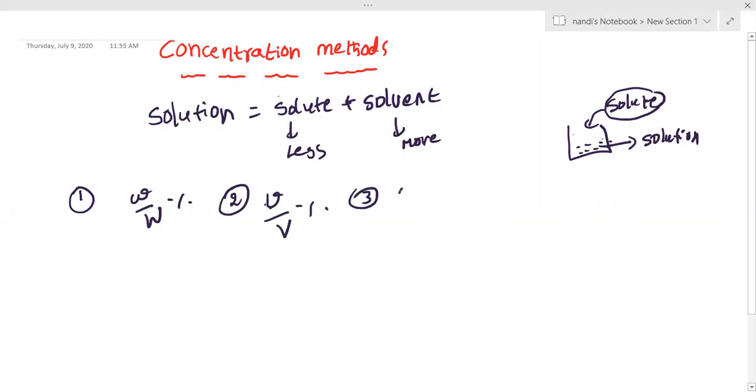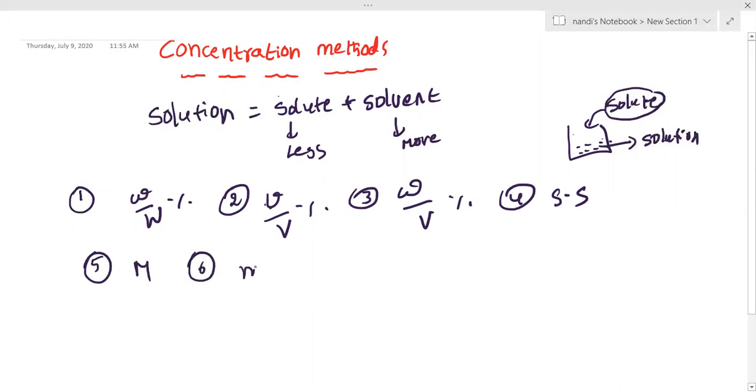Next, W by V percent. And the fourth one, strength of solution, and molarity. Next, molality, mole fraction, normality. All these are the concentration methods we majorly use, and one more is there, that is formality of the solution, capital F I am showing.